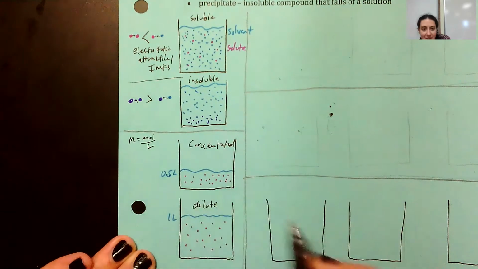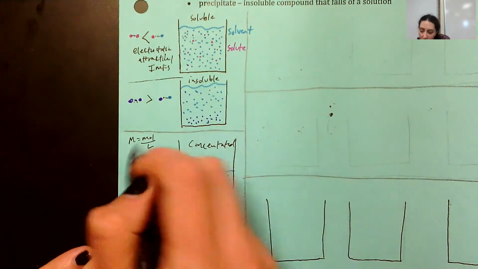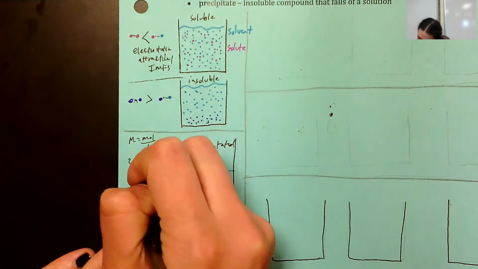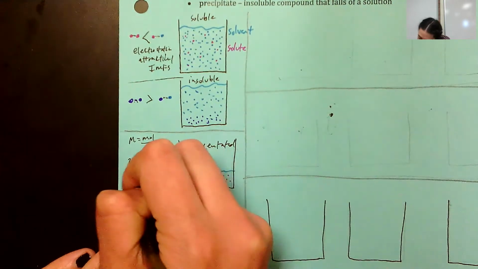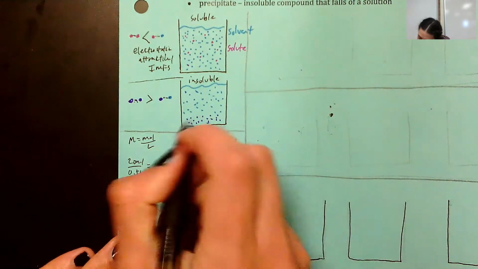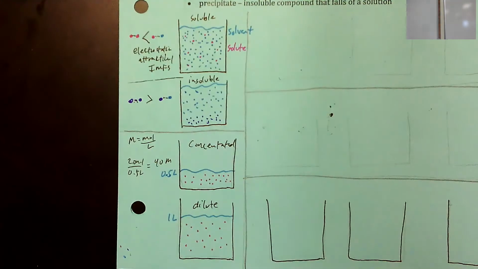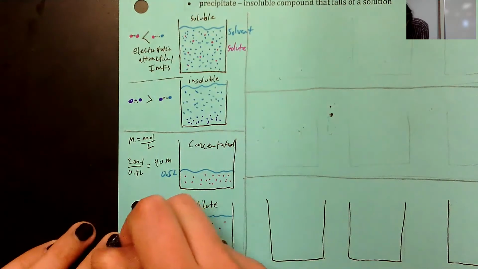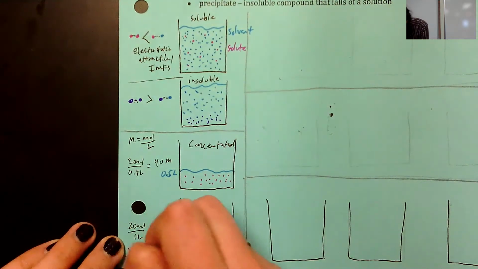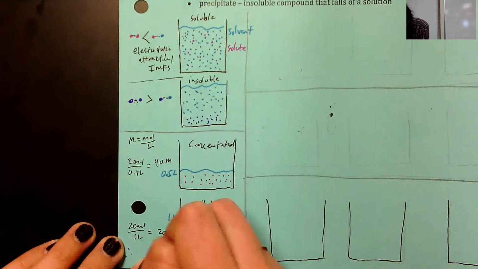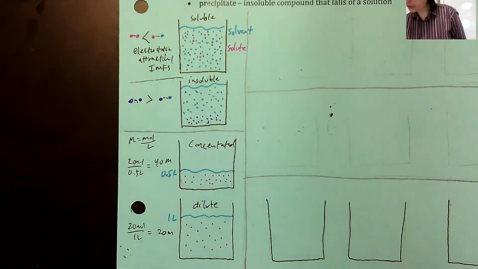So in this case, if each of these dots represents 1 mole, we have 20 moles in half of a liter. And so that's going to be 40 molarity is our concentration, and my lights just went out, of course. Whereas the other is going to be 20 moles in 1 liter, which is 20 molar.